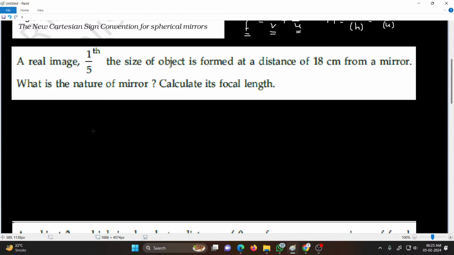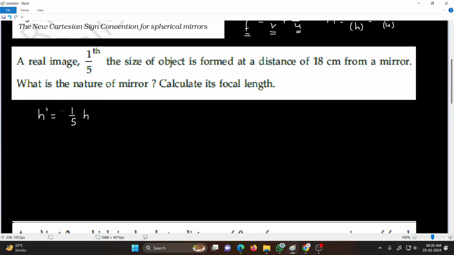What is the nature of the mirror, and calculate its focal length. So the first statement translates to a real image 1/5 of the size of the object. So image height h dash is 1/5 as that of the object.